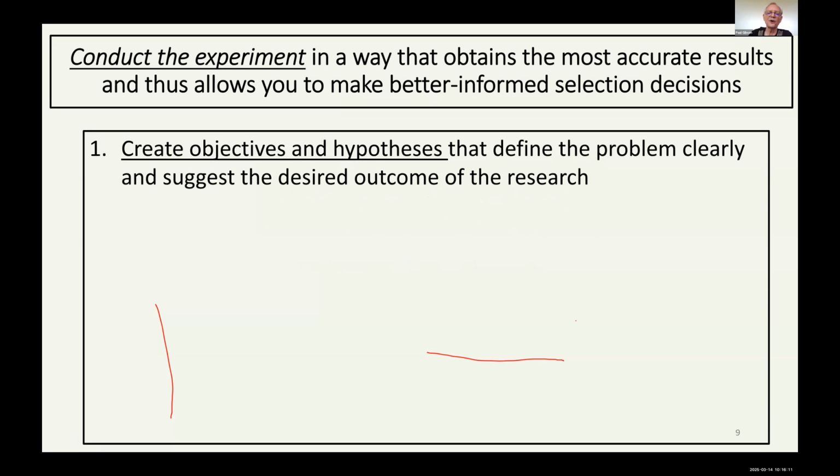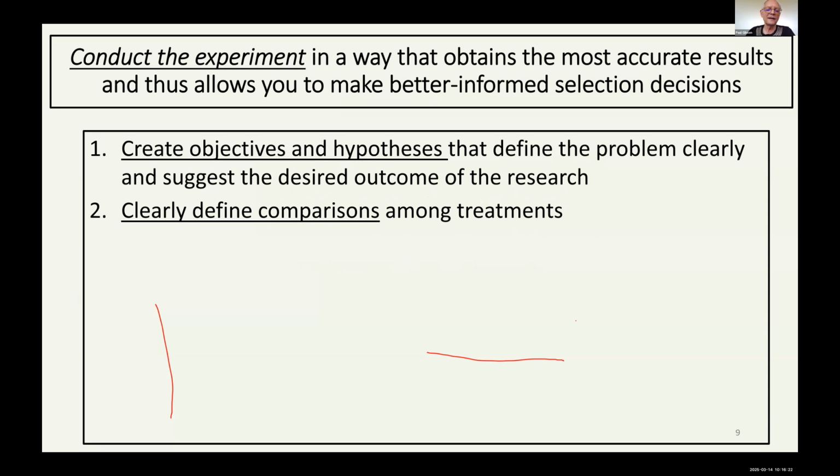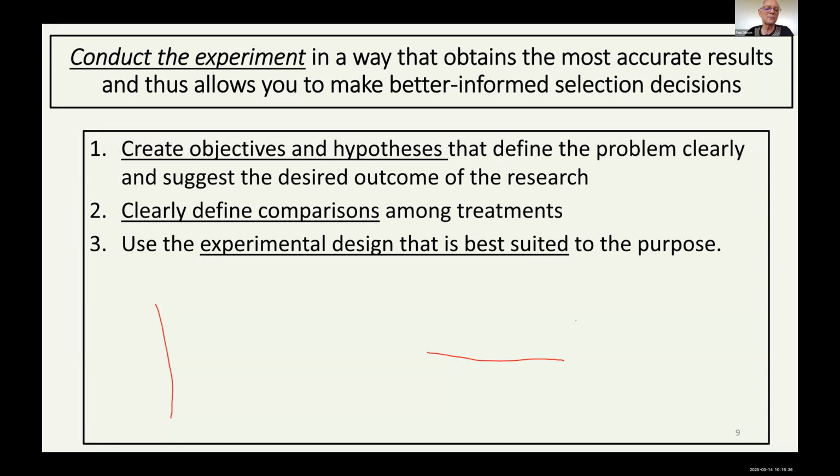And it involves creating objectives and hypotheses that define the problem clearly and suggest the desired outcome of the research. Clearly defining comparisons among treatments in a way that they can be statistically compared.